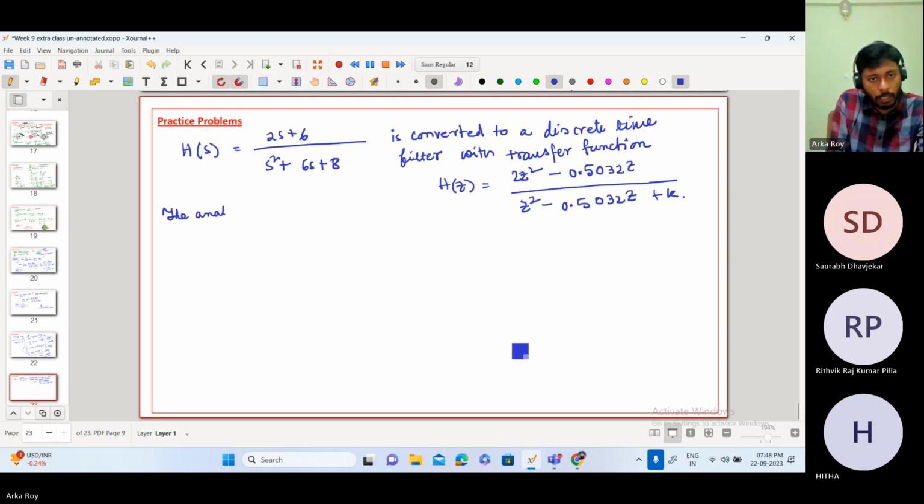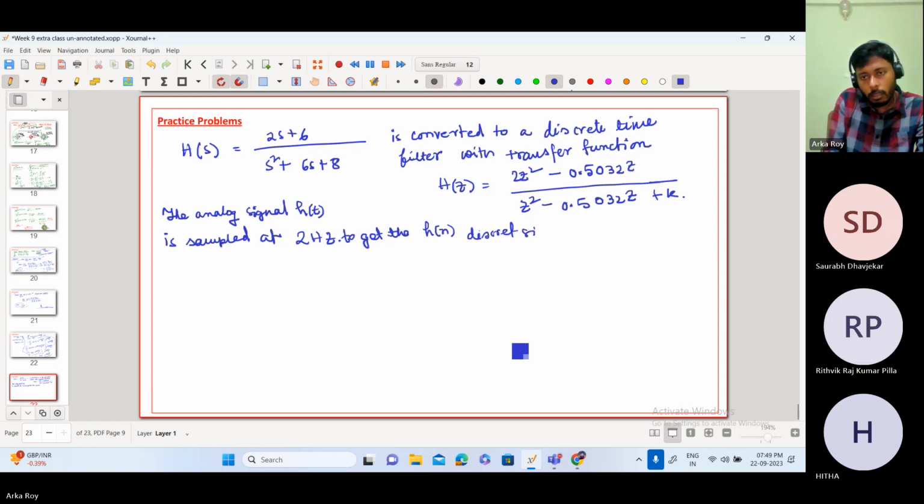The analog signal h of t is sampled at 2 Hz to get the discrete signal, that is h of n, then what will be the value of k?